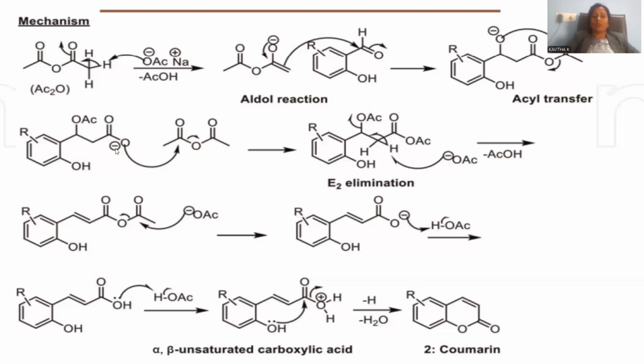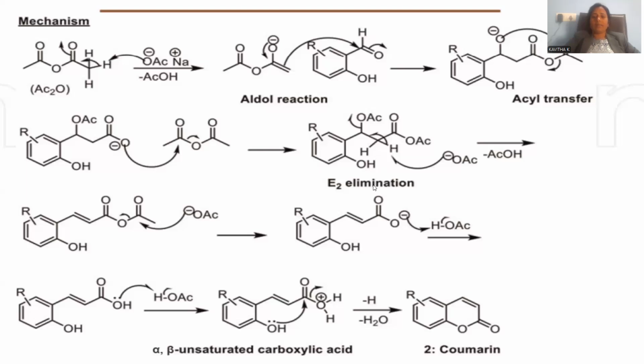The later generated oxide will proceed for nucleophilic addition over the carbonyl carbon atom of another acetic anhydride molecule, able to form an acetyl group over this oxygen. So again, O-acylation is accomplished, giving rise to acetic acid as the byproduct. Acetic acid is leaving because the acetate group has disappeared from the side.